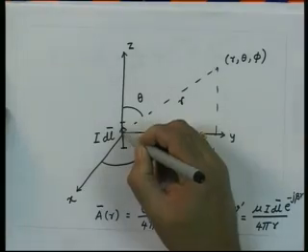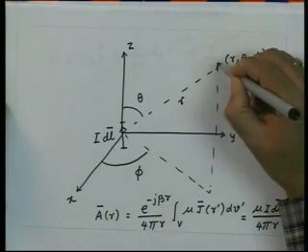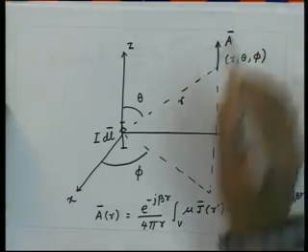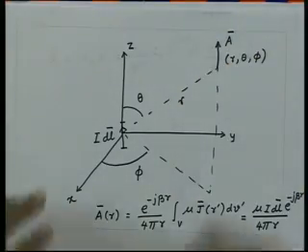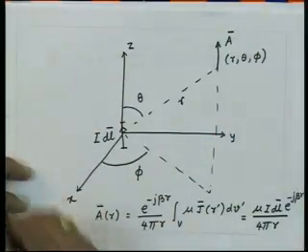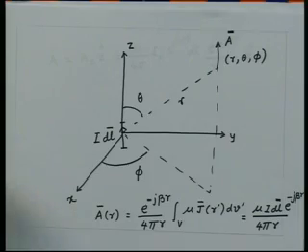It is an interesting thing to note that since the current element is oriented in the z direction, the magnetic vector potential also is oriented in z direction. This is A, and no matter where I go in the space, everywhere the magnetic vector potential will be oriented in z direction, because here the current is oriented in z direction.